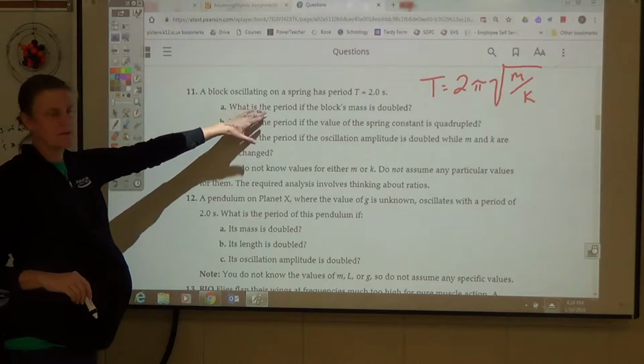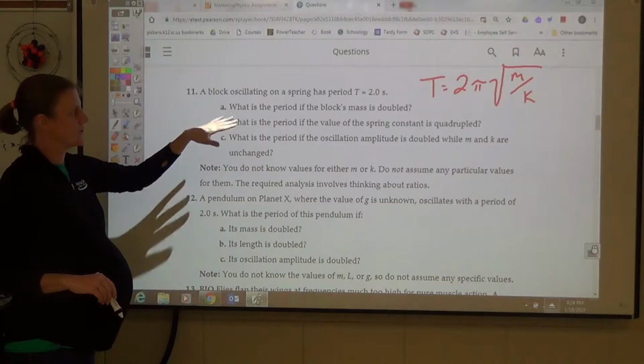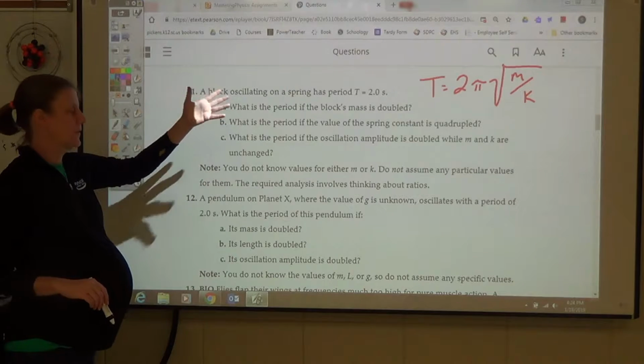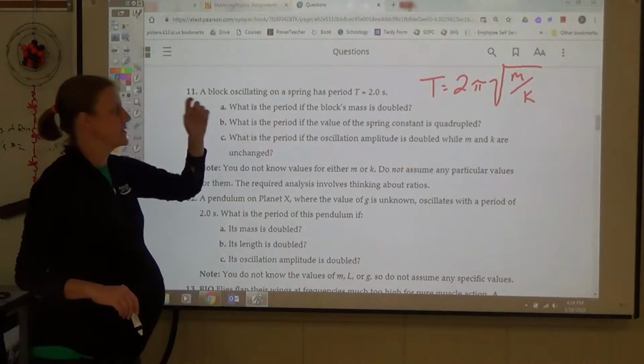So this is already set up to solve for period. That's the period formula for a mass spring system. You need to memorize that. Get in the calculator. So what's the period if the mass is doubled?